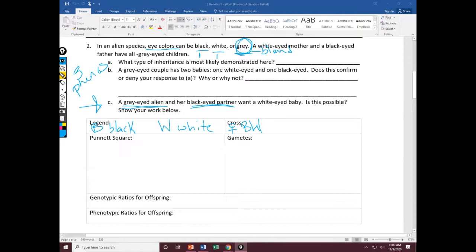Now her black-eyed partner, which for the sake of simplicity I'm assigning as male. I don't know how this alien species rolls. If I'm going to be black-eyed, I have to be homozygous for the black allele. I have two B's.